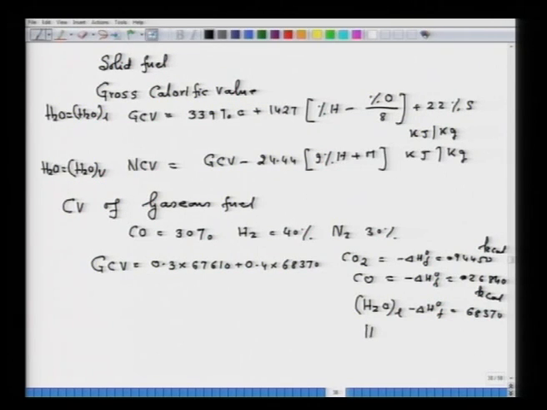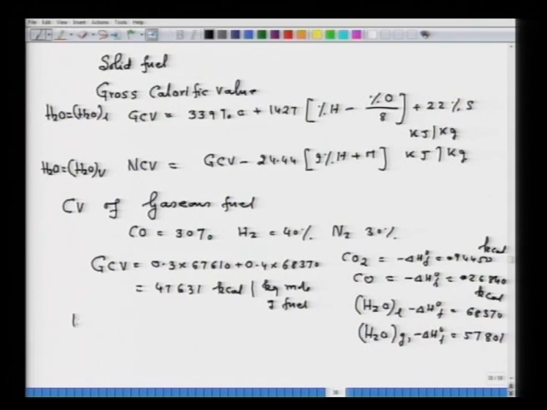Whereas for H2O gaseous, minus delta H naught F is equal to 57,801. So, if I calculate GCV, that will come to 47,631 kilocalorie per kg mole of fuel, because we have selected 1 kg mole of fuel.